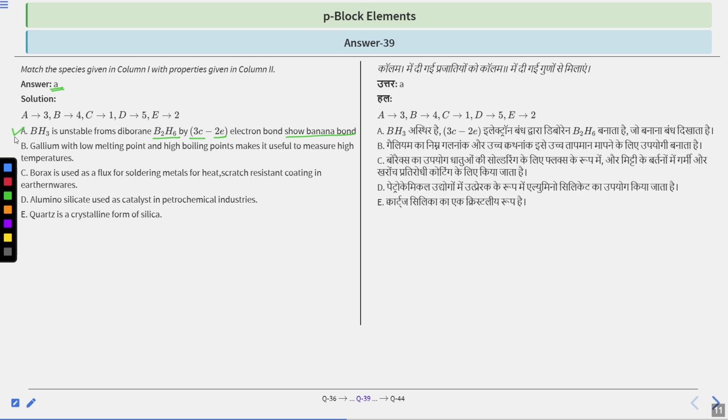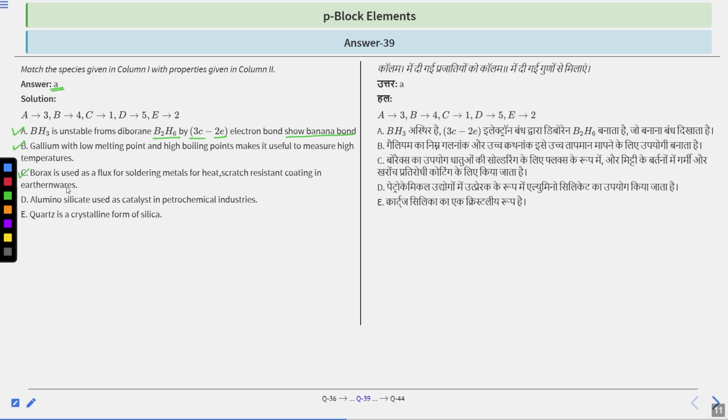That's why A is related to 3. B, gallium with low melting point and high boiling point makes it useful to measure high temperatures. That's why B is related to the fourth one.